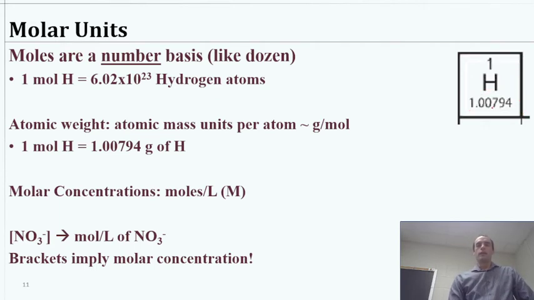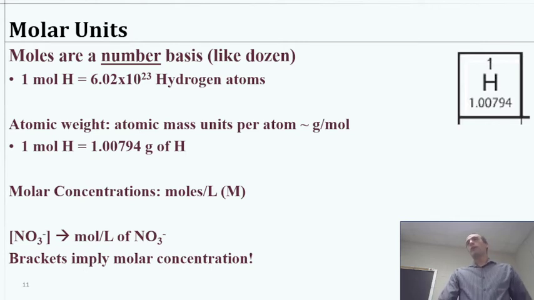Of course, we've got the isotopes adding a bit of a portion there because just 1 proton is exactly 1. But don't worry too much about that. You probably heard about that from your chemistry class. So 1 mole of hydrogen is 6.02 times 10 to the 23rd atoms. That translates to 1.00794 grams of hydrogen.